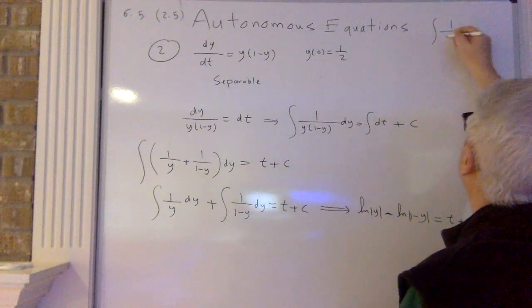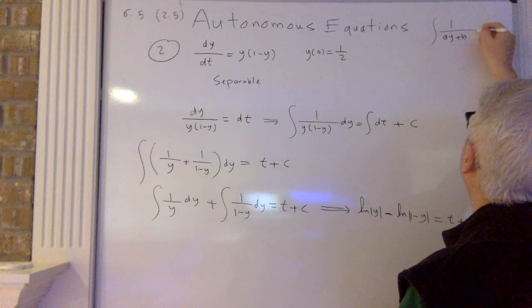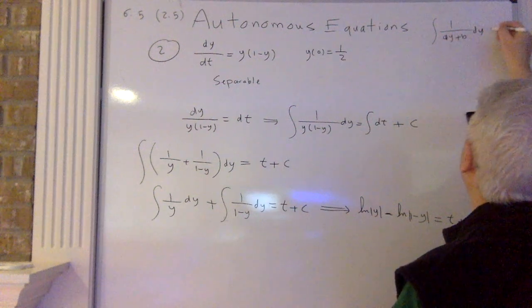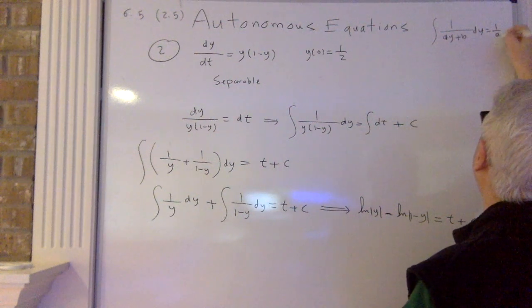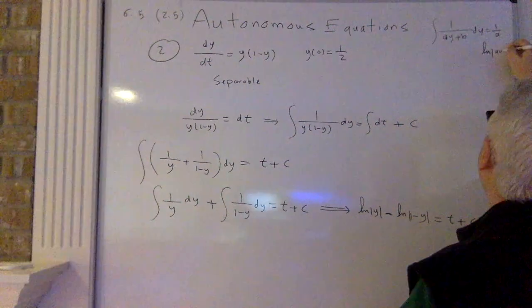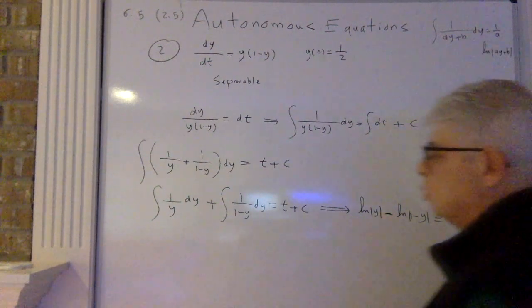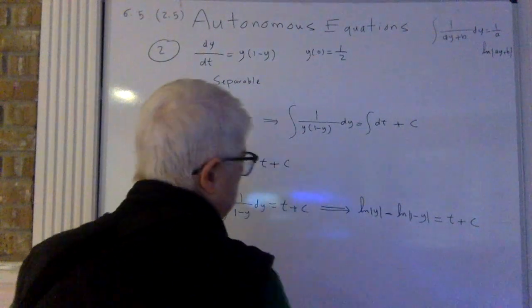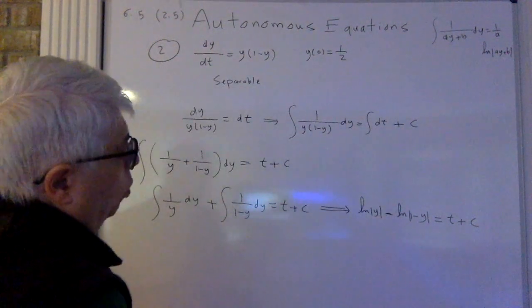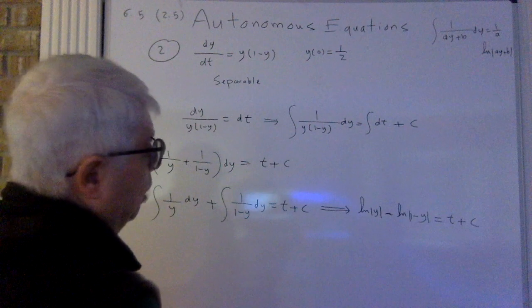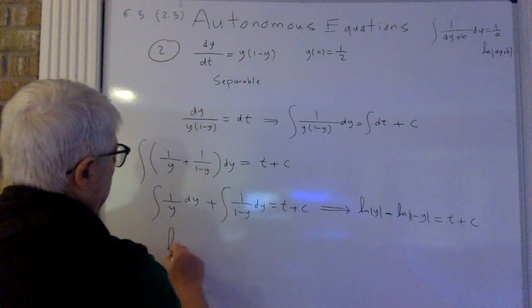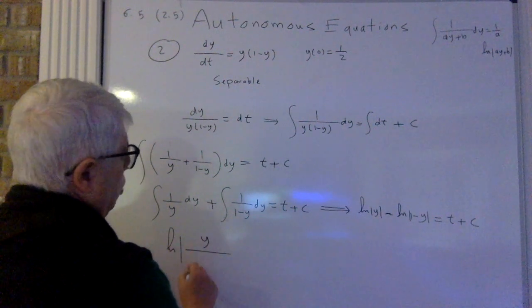Let me write this here. The integral of 1 over ay plus b dy is simply 1 over a times ln of ay plus b. So this 1 over a is 1 over negative 1, so that's minus. So ln of y minus ln of 1 minus y gives me ln of y over 1 minus y.